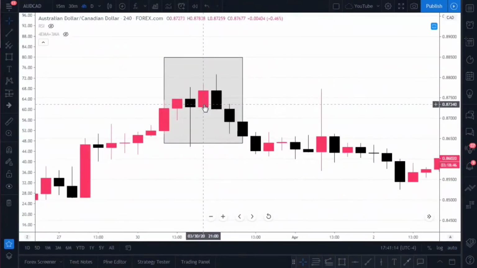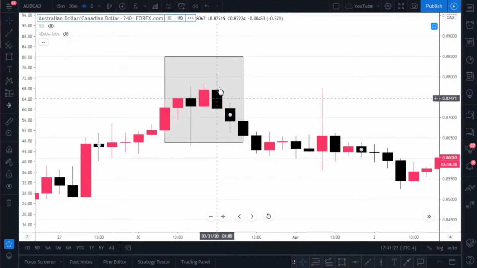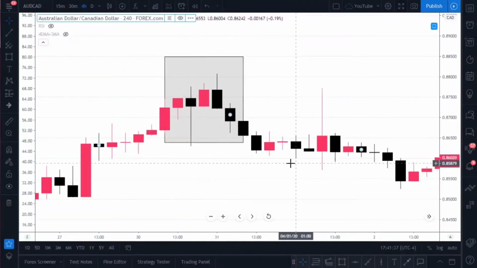So we had price moving up, followed by a smaller buy candle, and then a larger sell candle that completely engulfs the smaller buy candle. Okay, so price moved up, and then this was our indication that price was about to turn around and go down. Now let's find another example.